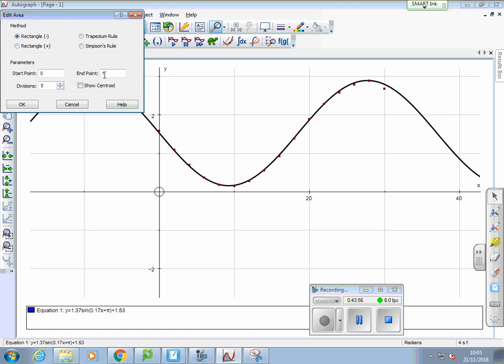Then you've got the two rules that we're familiar with. Trapezoidal rule between 0 and 20 is what you're being asked for in the assignment. And how many divisions have we got between 0 and 20? That must be odd.